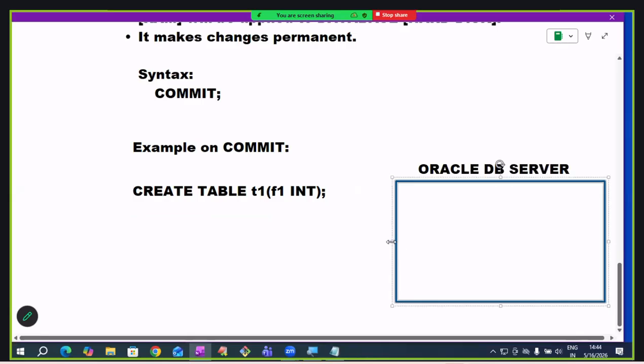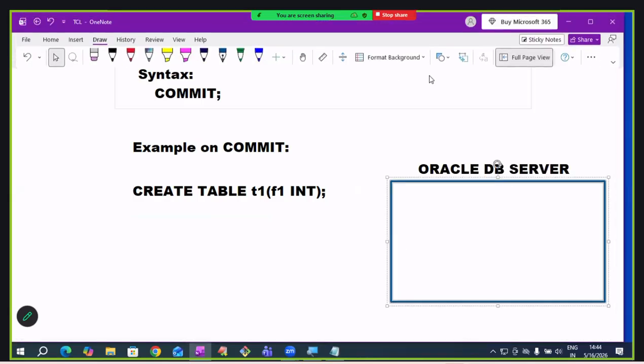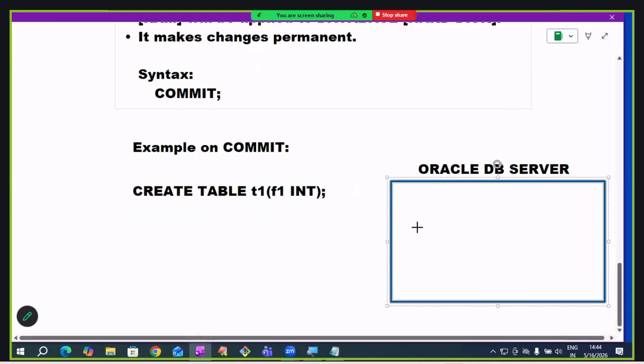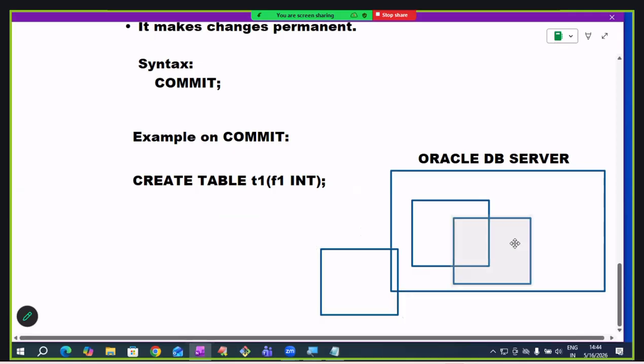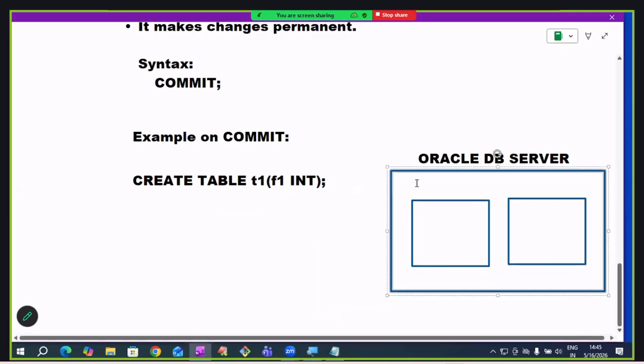You already know the server contains two memories. One is the instance, another one is the database. So this is the instance. The instance is stored temporarily in the RAM. This is the database. The database is stored permanently in the hard disk.